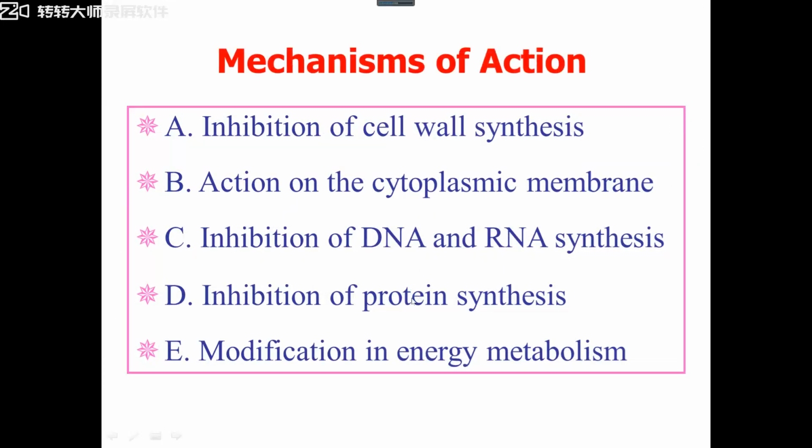Okay. Just now we have studied some professional terms, and then we will study the total mechanisms of all antibiotics. That means we divide antibiotics into these 5 kinds. The first mechanism is that some drugs inhibit bacterial cell wall synthesis. The second is that some antibiotics inhibit bacterial cytoplasmic membrane function.